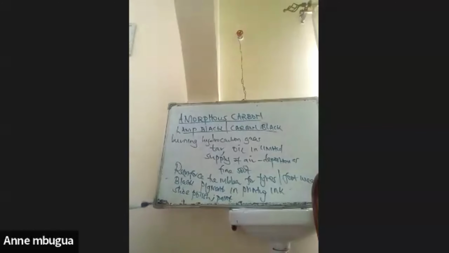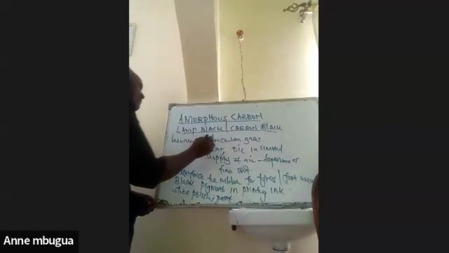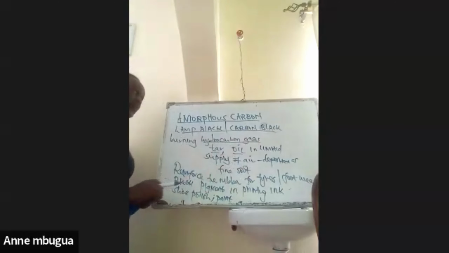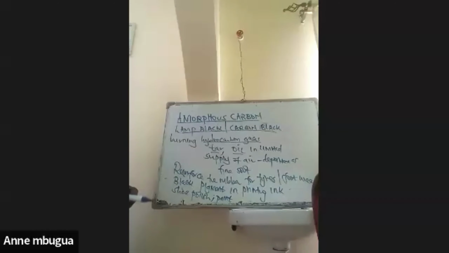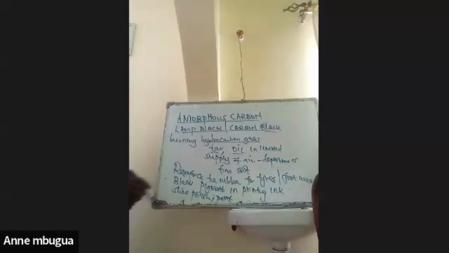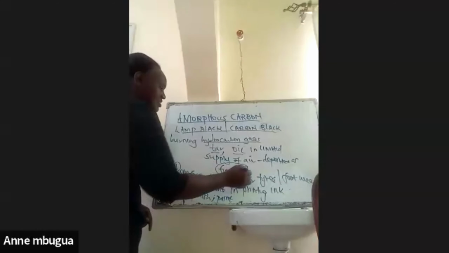So that is about the lamp black, the carbon black, which is made when hydrocarbon gases, tar, or oil are heated in limited supply of air, resulting in a deposit of fine soot.